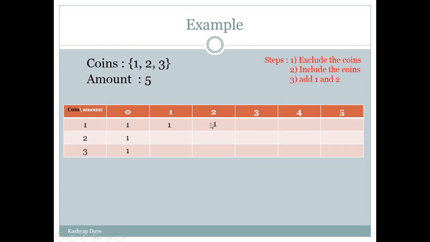There is a way, if we use the 1 rupee coin 2 times, then we will make our amount 2. If we use one 3 rupee coin, then we will get amount 3. There is also a way, if we use the 1 rupee coin 4 times, then we will get amount 4.